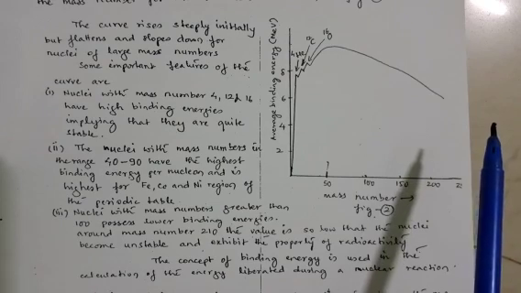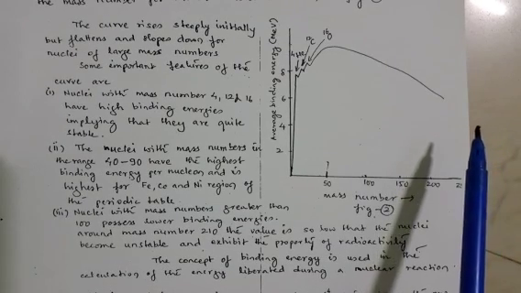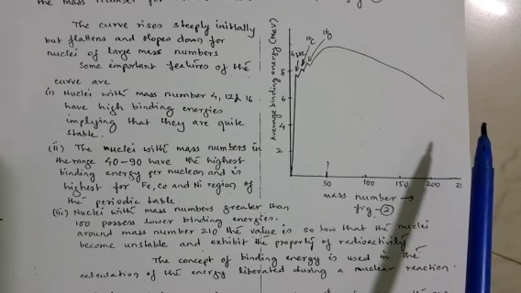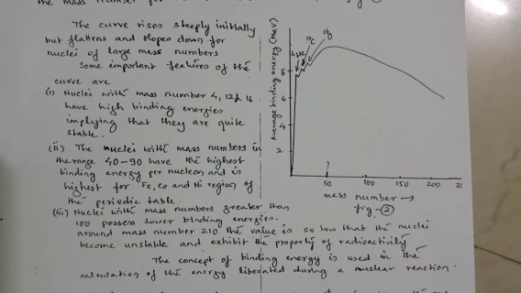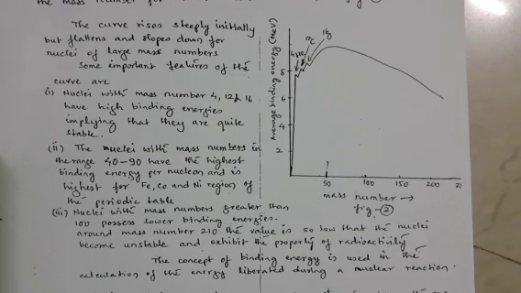So the elements having higher mass numbers will exhibit the property of radioactivity. Radioactivity will be exhibited by elements having a mass number greater than 210. This concept of binding energy is used to calculate the energy which is liberated during a nuclear reaction.